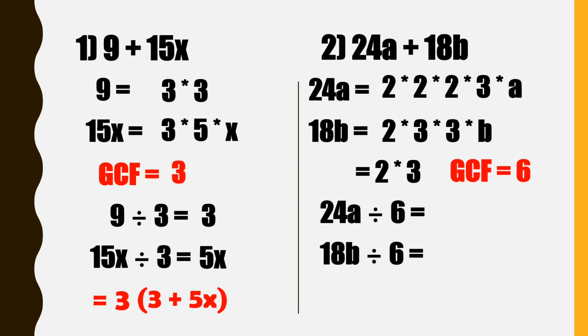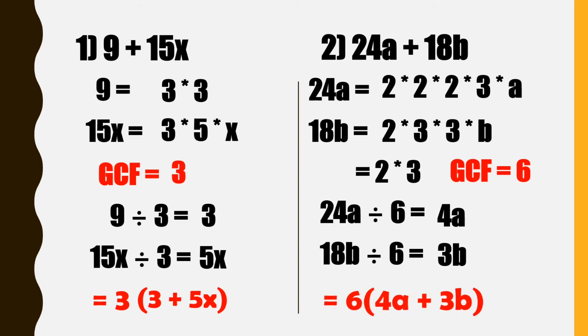24a divided by 6 is equal to 4a. 18b divided by 6 is equal to 3b. Again, 6 nasa labas ng parenthesis kasi siya yung GCF natin. At yung 4a at 3b, siya yung nasa loob ng parenthesis.